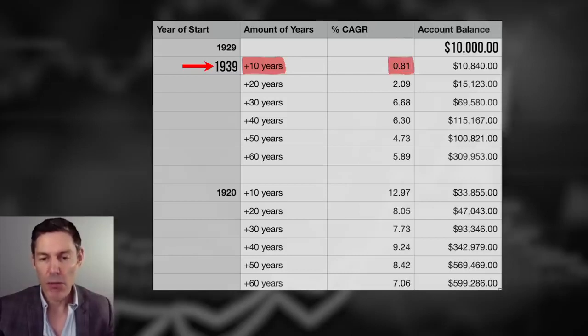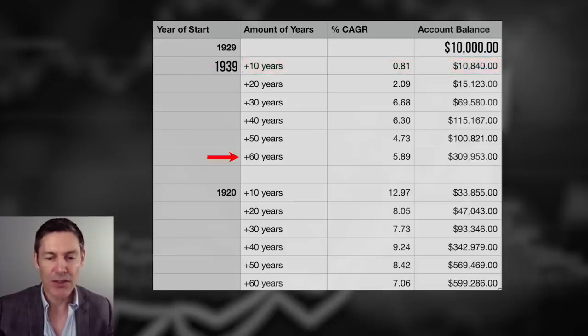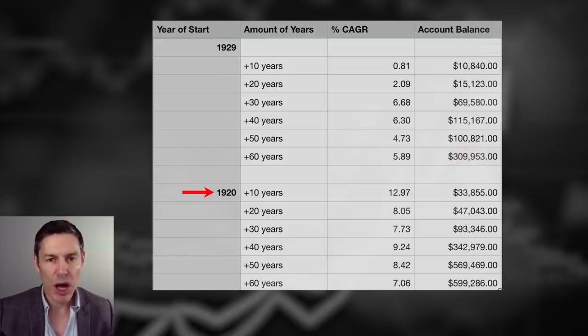So your total balance would have been $10,840. You can see how it changes from decade to decade, and at the end of 60 years, you'd have roughly $309,000.